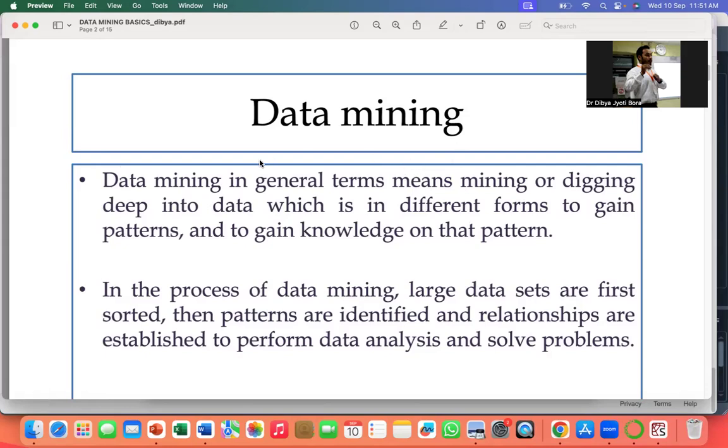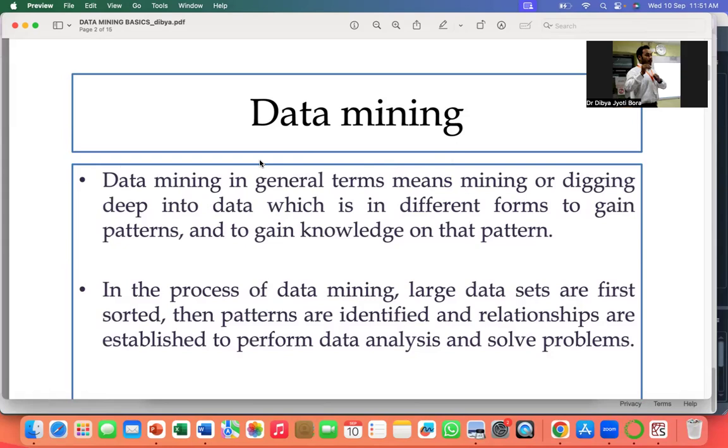So what we are trying to do is dig out some important information from the big amount of data we have, and thereby we try to find out that pattern and knowledge on that pattern.